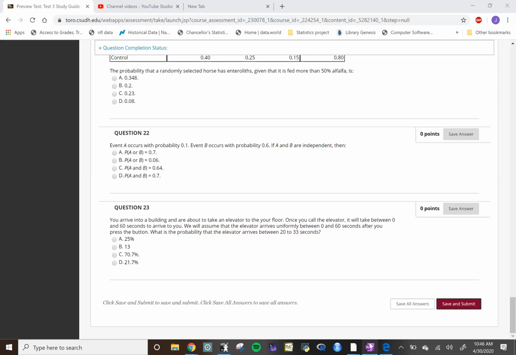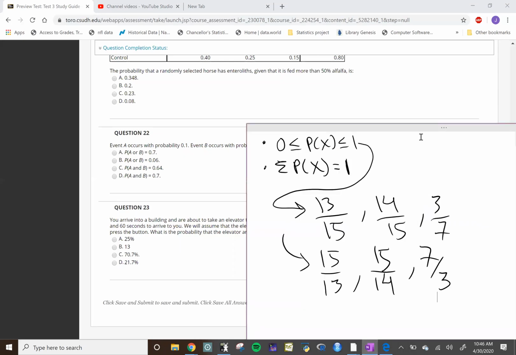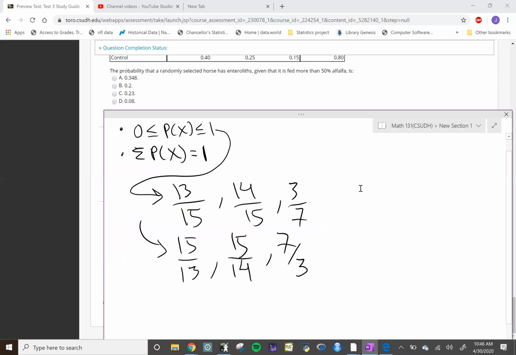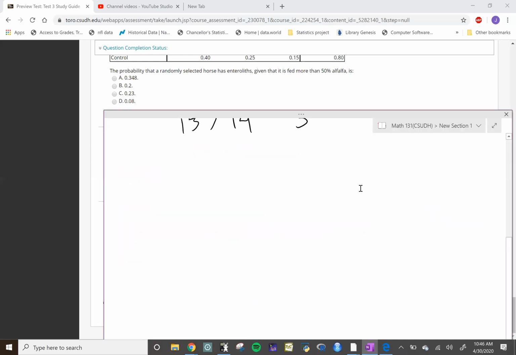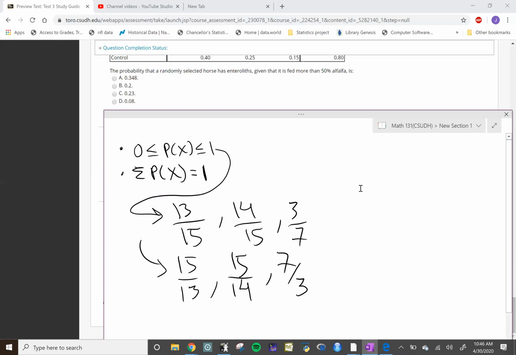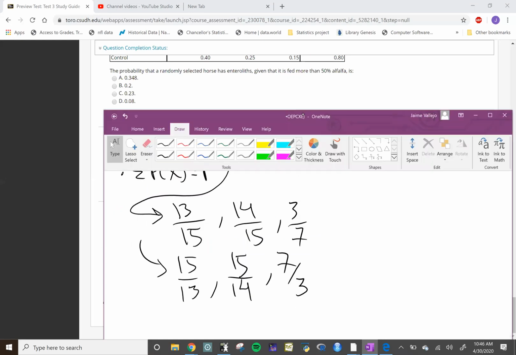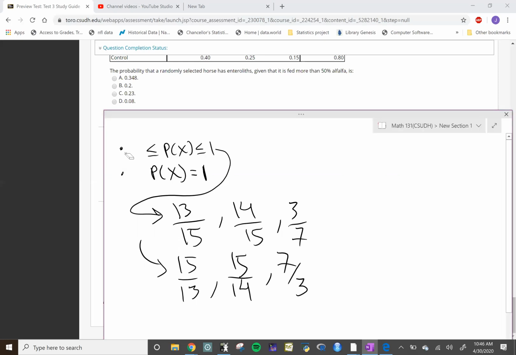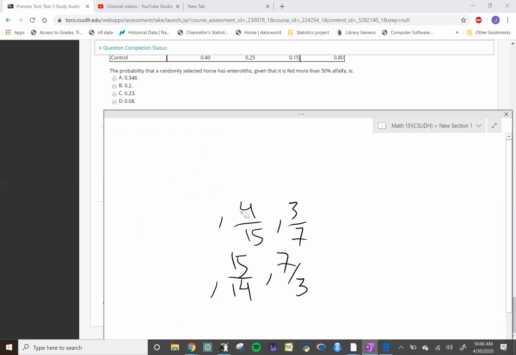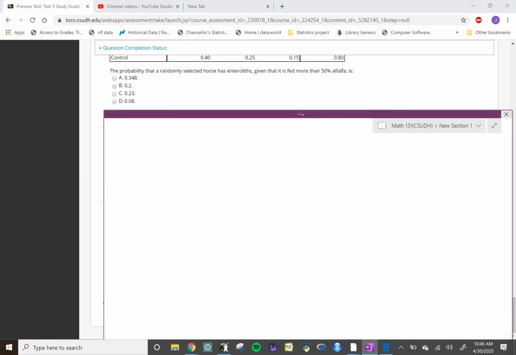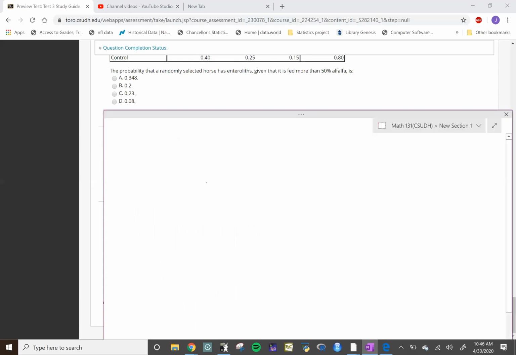So if you remember what we did for those types of problems, we actually drew a square. So this means it has this type of distribution.